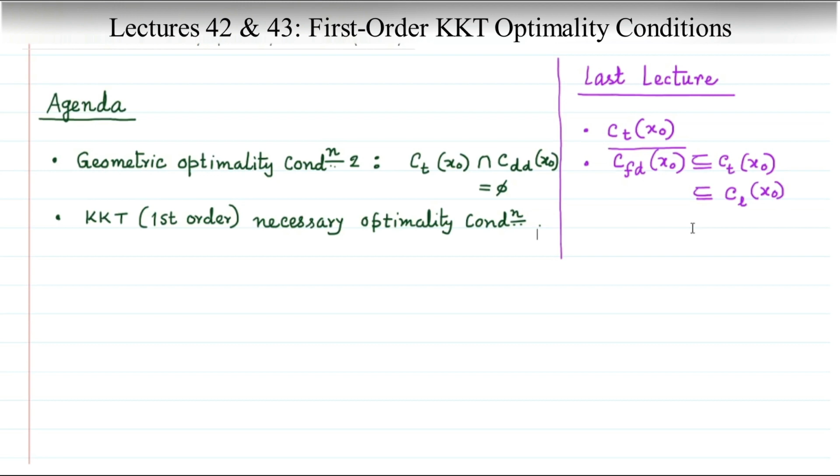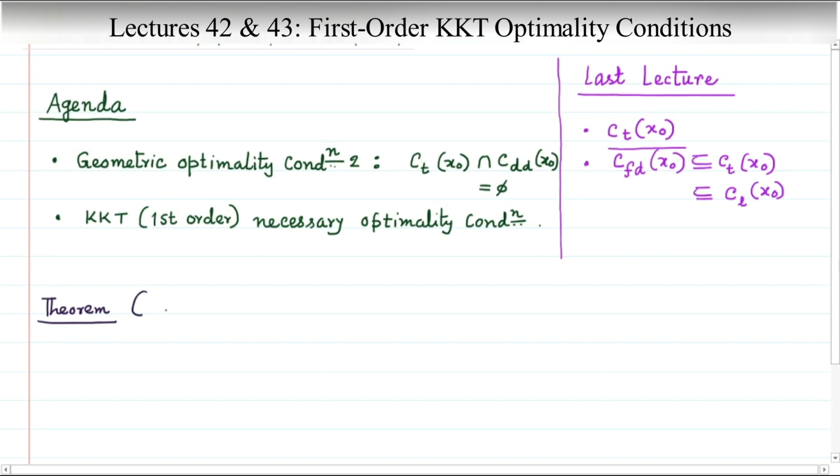If a point x0 is a local minimizer of a constraint optimization problem, then the intersection of the cone of descent directions and the tangent cone at the point x0 must be empty, and from this geometric optimality condition we will find the KKT necessary optimality condition. So let's start our class with the geometric optimality condition 2, which neatly states the following.